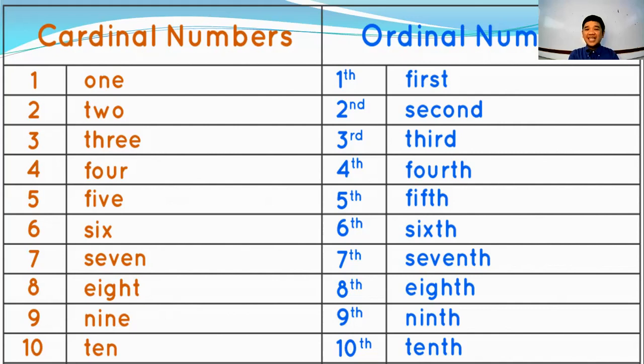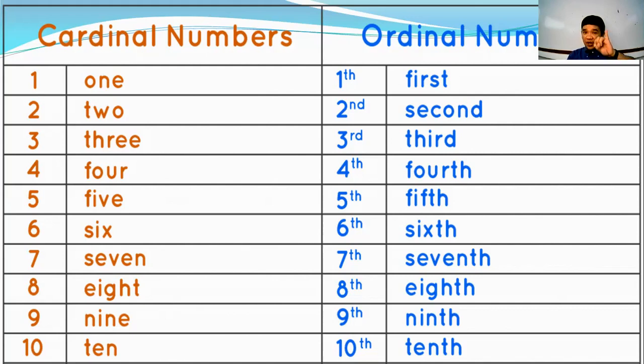How about number 6? Very good. Number 7. There you go. And number 8. And number 9. Okay, and the last one, but not the least, number 10. Very good. So let's have a recap. Let's start from number 1 to number 10. Let us practice to read using the ordinal numbers.